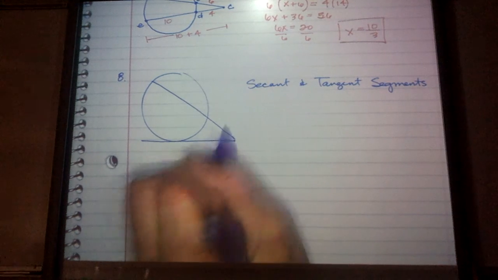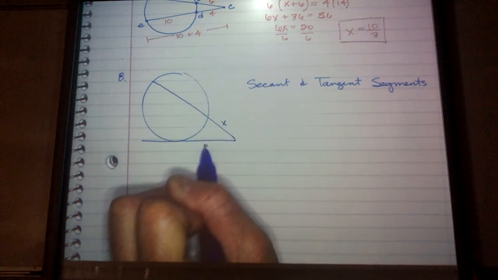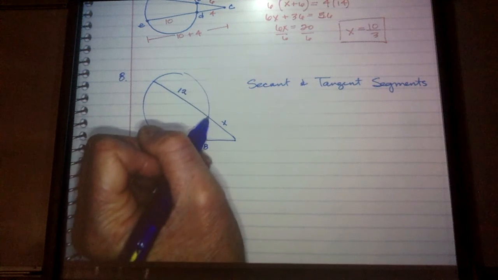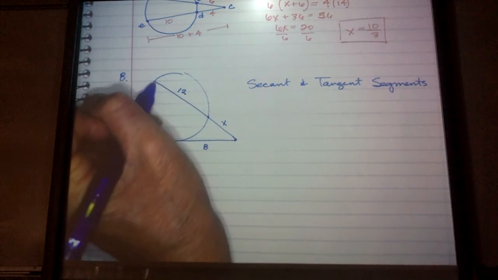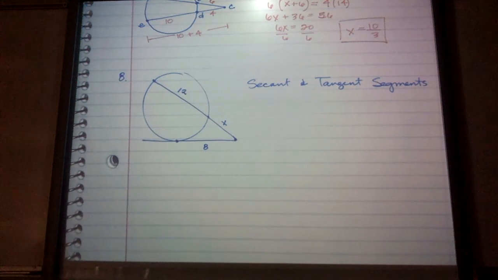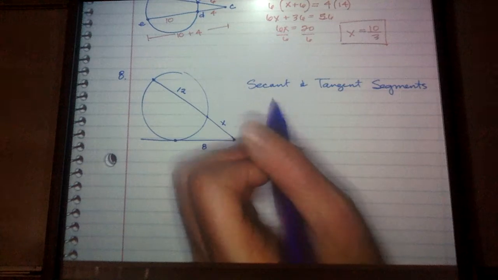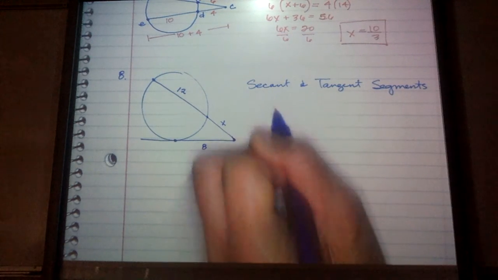So if this is x and this is 8 and this portion here is 12. I guess I could label.